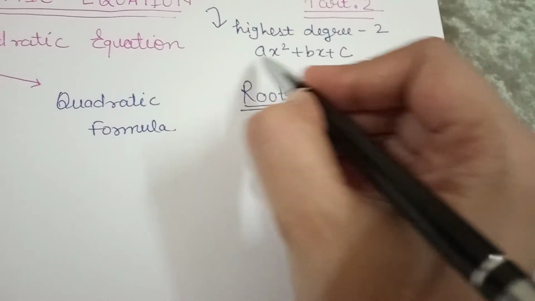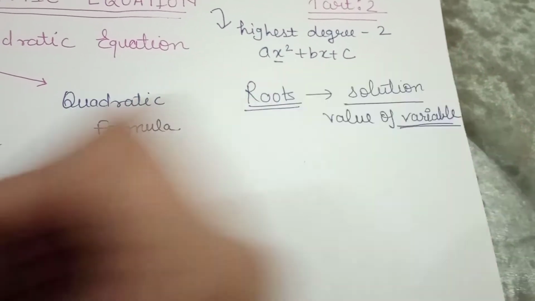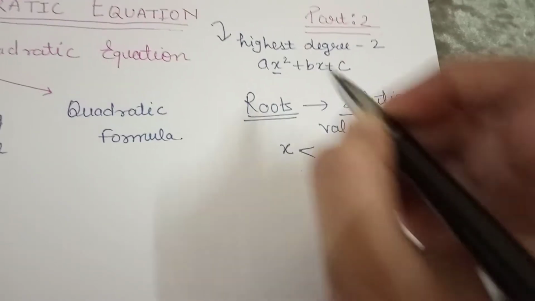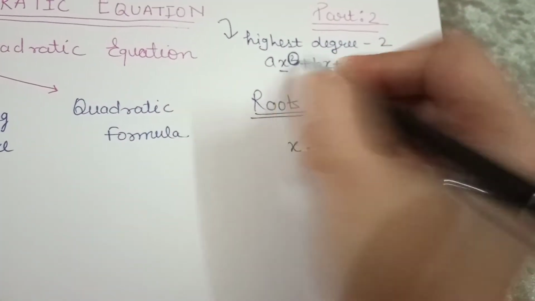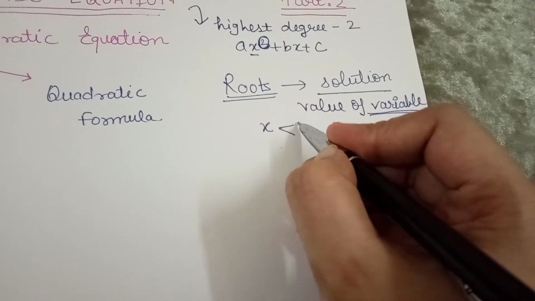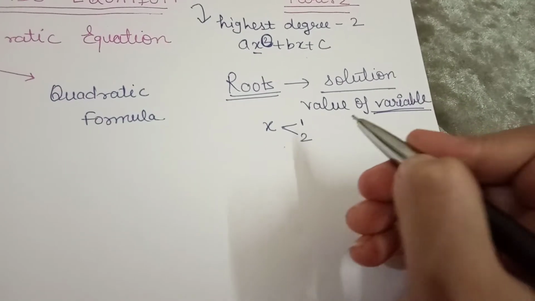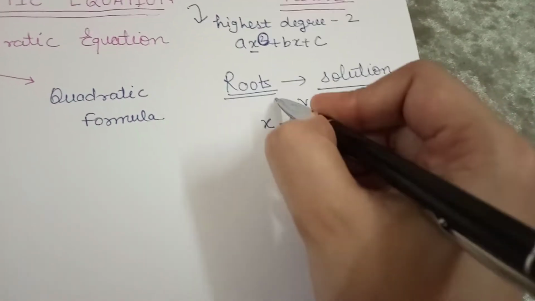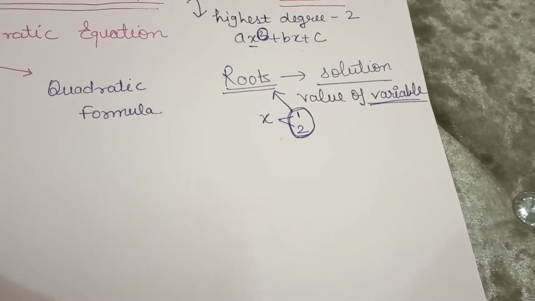Suppose your equation is in the variable x, so how many values of x will you get? Because this is a quadratic equation, the highest degree is 2, so you will get two solutions. Fine. And these two values of x will be called roots of quadratic equation.